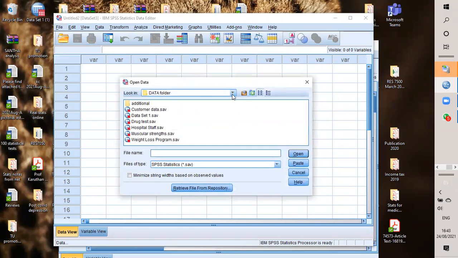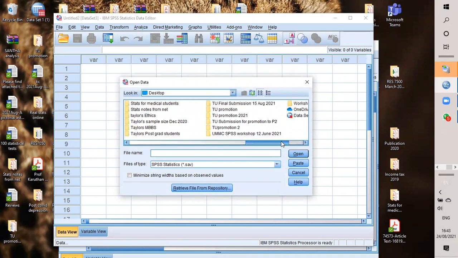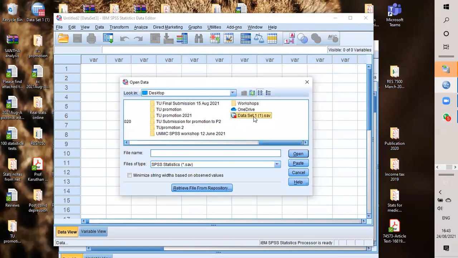So my data is saved just now on desktop. So I go and search the file, data set 1. But our part here is only showing our file and then this PC, libraries and network.